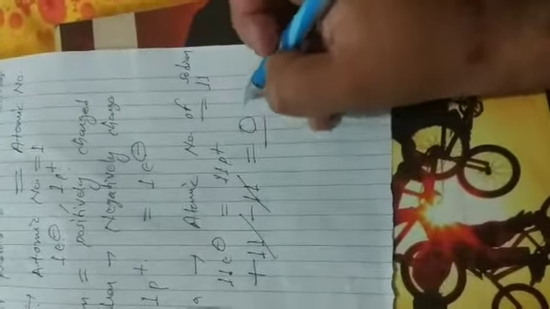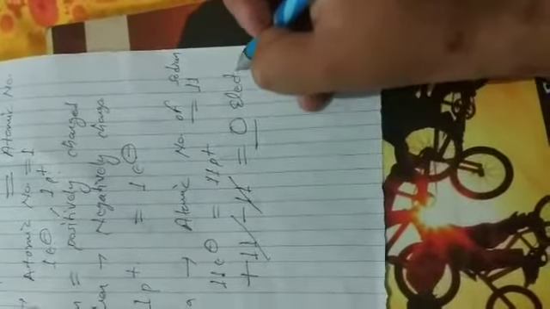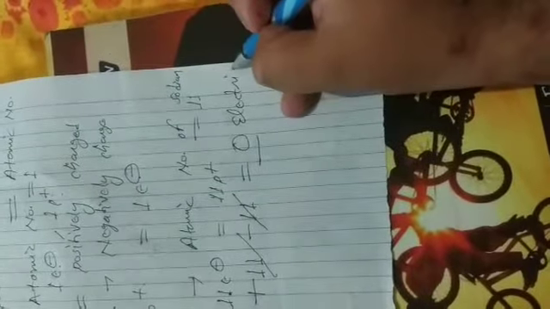So in case of sodium, it contains 11 positive charges and 11 negative charges. So these charges cancel out. So the atom of sodium contains 0 charge. I mean it is electrically neutral.